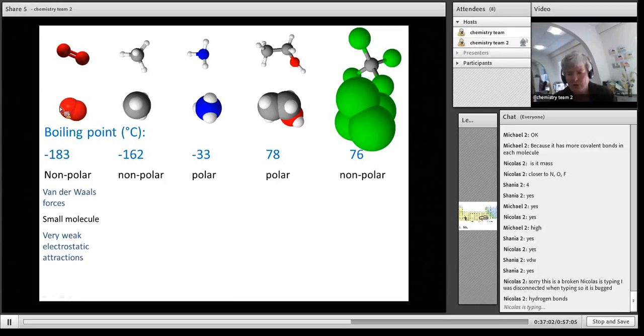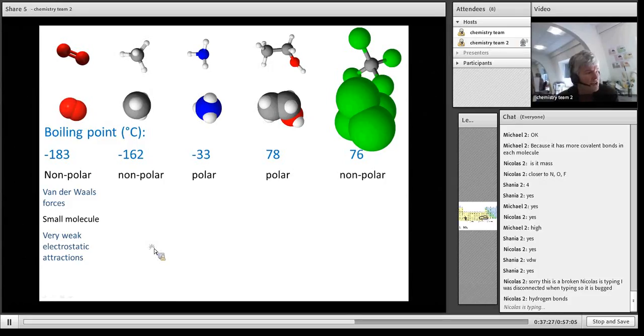Now you do know oxygen can dissolve a little bit in water. I mean, that's how fish breathe, because there is oxygen in the water. And that little bit of solubility is, remember, the water molecules can form a bit of hydrogen bonding with the oxygen. But of course, oxygen can't form hydrogen bonds within itself.